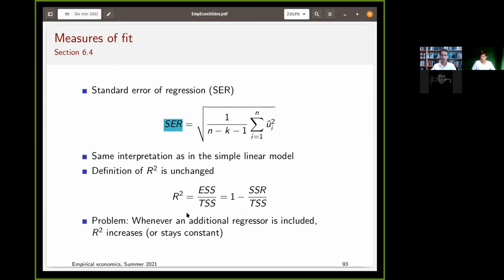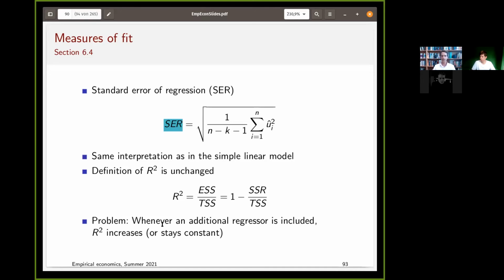Why is that? Well, the reason is simple. If we add a new regressor to our model, then the R squared will never decrease. It will in general increase, or in the worst case, it just stays constant. And the reason for that is that in the regression with more regressors, the case with fewer regressors is just a special case. So we can always get the same fit as with fewer regressors, but in general, we can even improve on the fit.